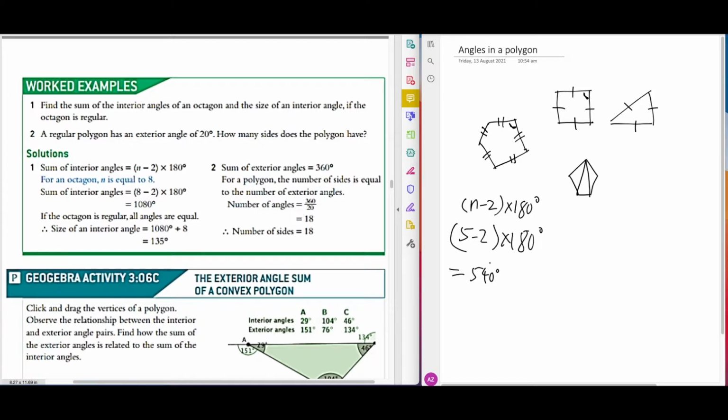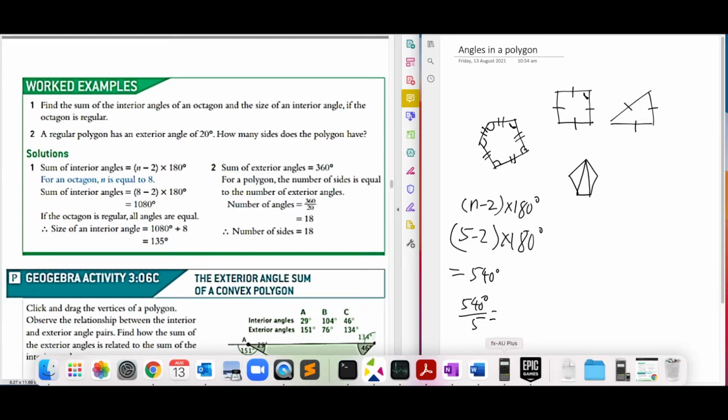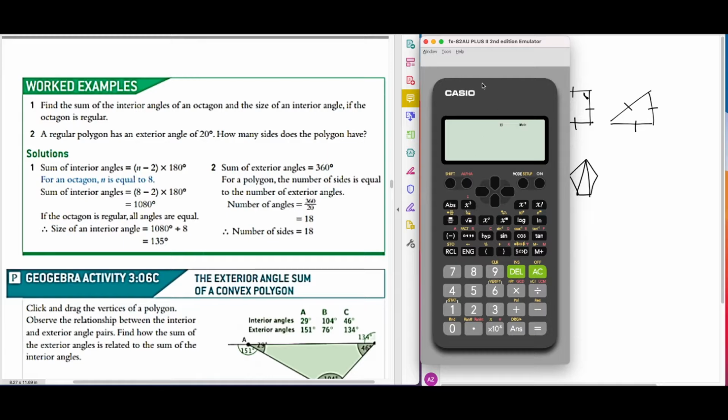Now, in the special scenario of a regular pentagon, because we know all the angles are equal, right? So if the question asks you how many degrees is each interior angle of a pentagon, all you have to do is work out the total angle and then divide it by 5. So if you just do 540 degrees divided by 5, then you will get how big each of these angles are, and that should be about, I can use a calculator for this.